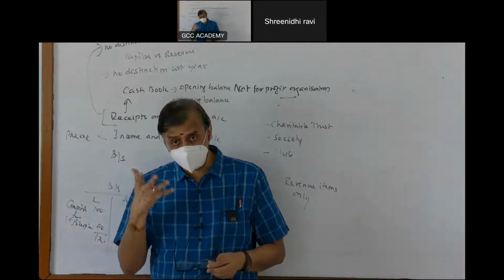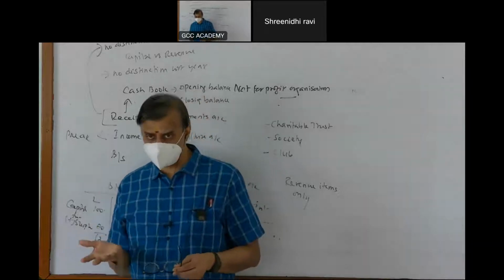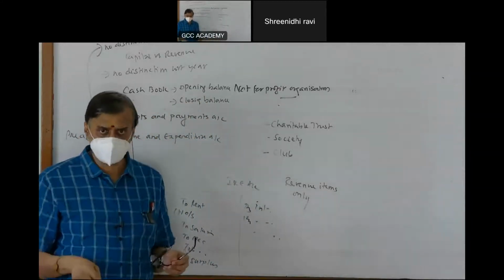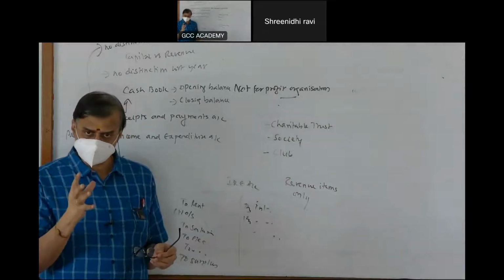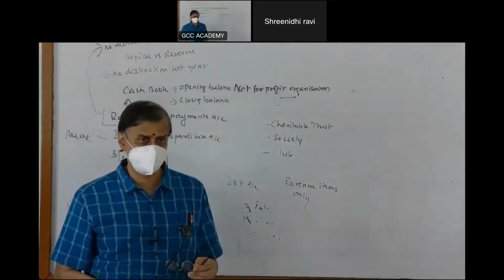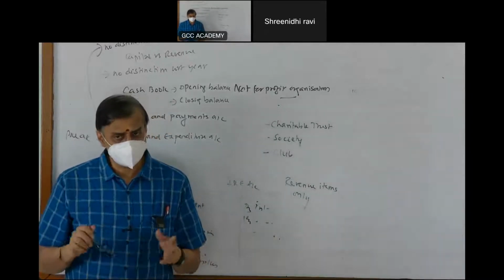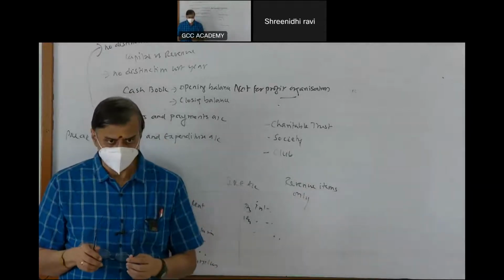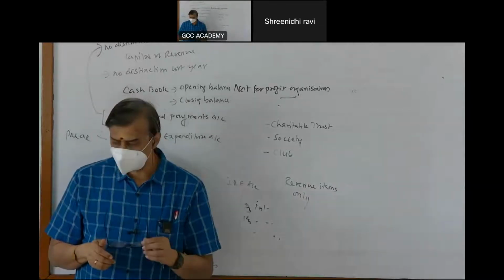So now, to avoid that, I'm going to teach you a very interesting method, the account method, wherein I'm going to tell you how to prepare a ledger account and use the ledger account as a basis for arriving at the figures which will go to receipts and payments and income and expenditure. It will be very interesting and easy to understand. You'll never make a mistake there. Okay, so all that we learn one by one.